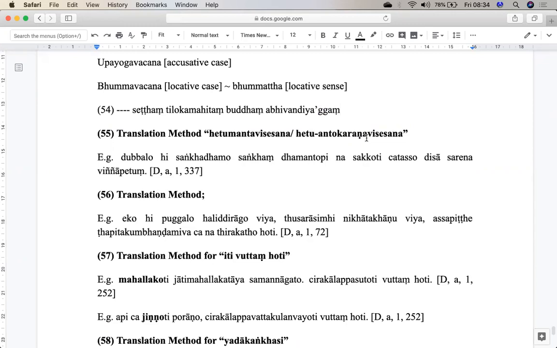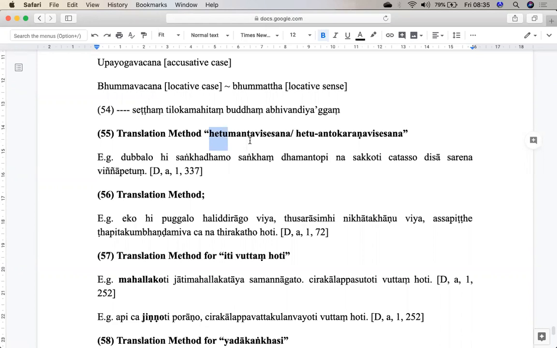And here, hetu manda visesana. Hetu is reason, and manda means meant. Visesana means adjective. Manda is a possessive adjective suffix. So satimant: who is mindful? Sati is mindfulness, but who has mindfulness, the mindful one, is satimant.